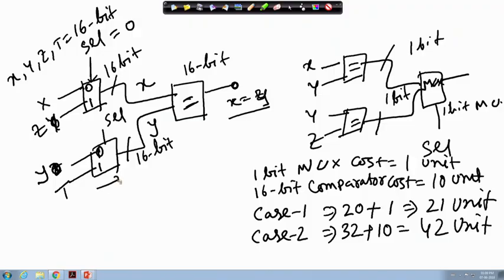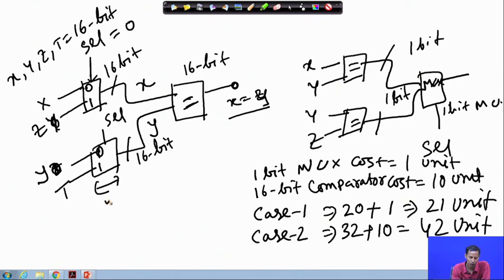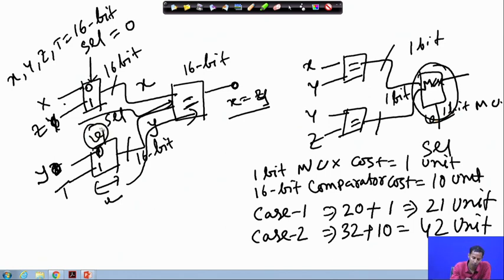How the delay? Because for a 16 bit multiplexer, the delay will be more, right. Any of these will come in the critical path. As the earlier one was a 1 bit operation, the delay of this 16 bit operation will be more.